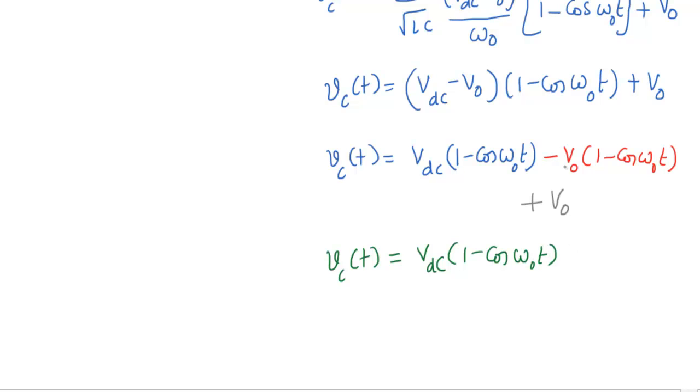And if you further expand, minus V naught into 1 is minus V naught, so minus V naught and plus V naught both cancel out, and you will see minus of minus plus V naught cos omega naught t. So this is the whole equation for the voltage across the capacitor in the given circuit.